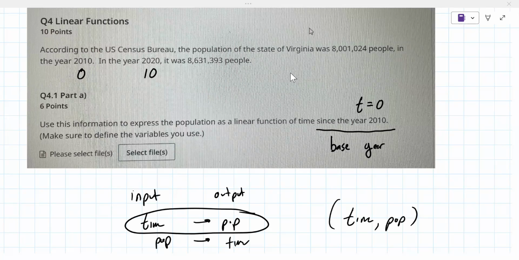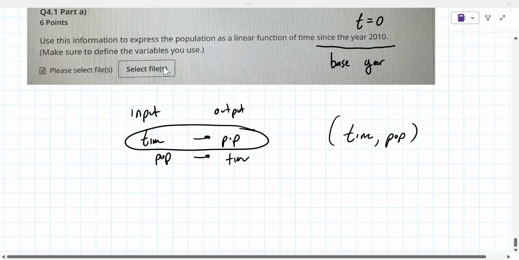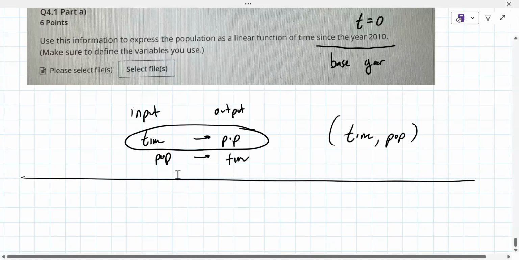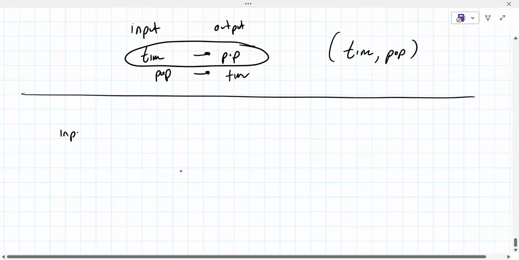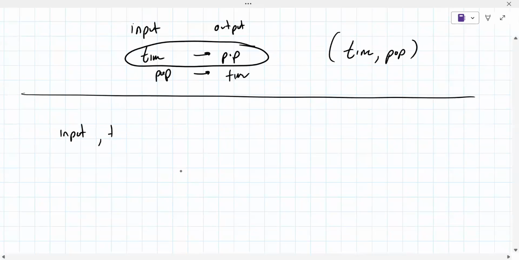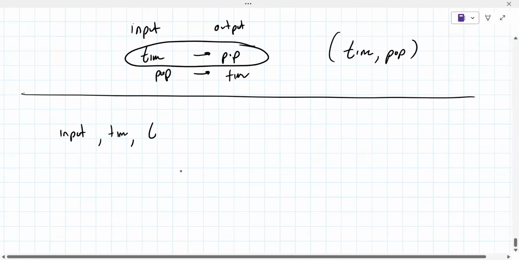And then the second one is 10, 8,600,000. In terms of how you'll start answering this question, you want to first indicate that the input is time, the output, because it says function, is population, so you want to write f of t.